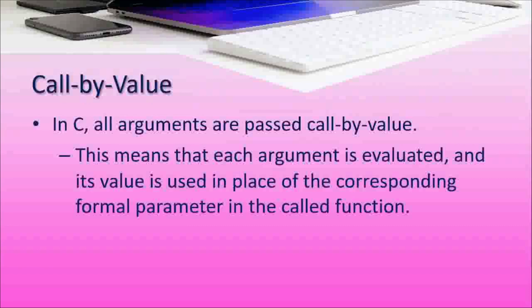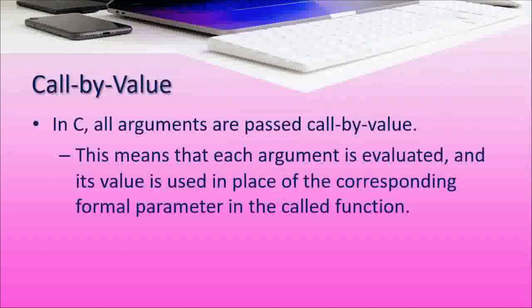While passing these parameters, they can be passed by one method, called call by value, and there is another method known as call by reference. But call by reference comes only when we are using pointers, which we will study later, when we study pointers.